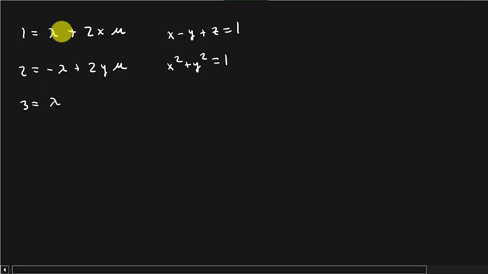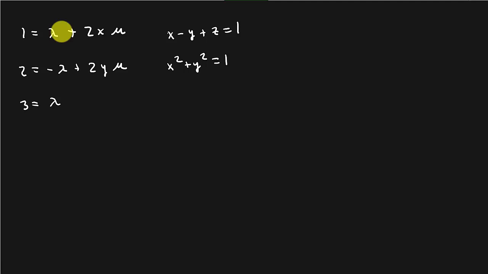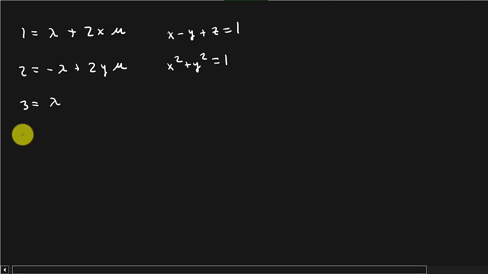Well, I know lambda is 3, so if I plug 3 in for lambda, that's going to give me 1 = 3 + 2x mu. And so that's going to give me negative 2, so negative 1 = 2x mu.